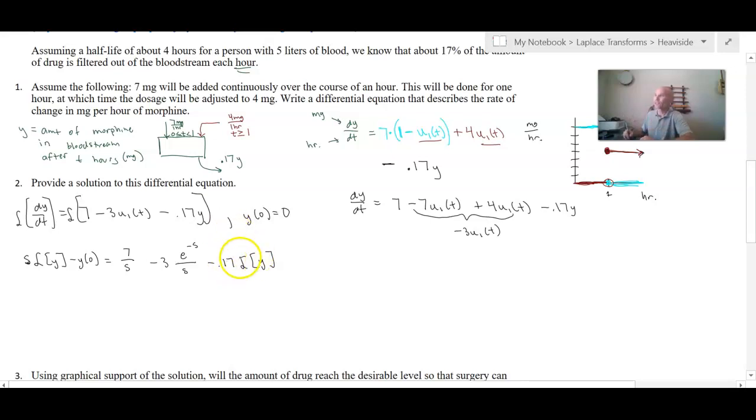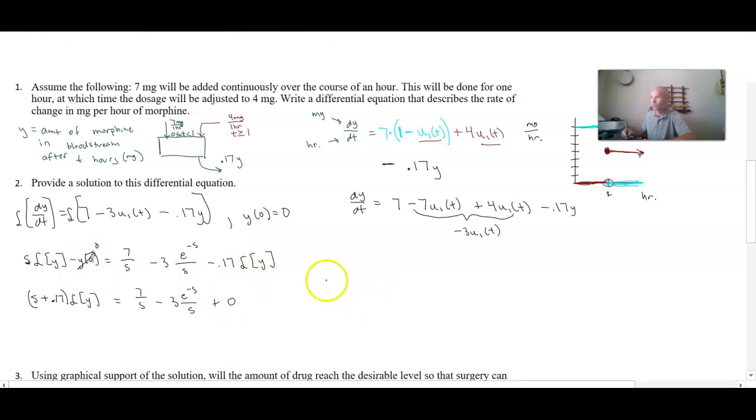We begin rearranging, so add 0.17 times the Laplace of y to both sides. Then we'll have s times the Laplace of y plus 0.17 times the Laplace of y, which is s plus 0.17 times the Laplace of y if we factor that out. And then I'll have 7 over s minus 3e to the negative s over s, plus moving the initial condition over, which is just plus 0, so I don't really have to worry about that.